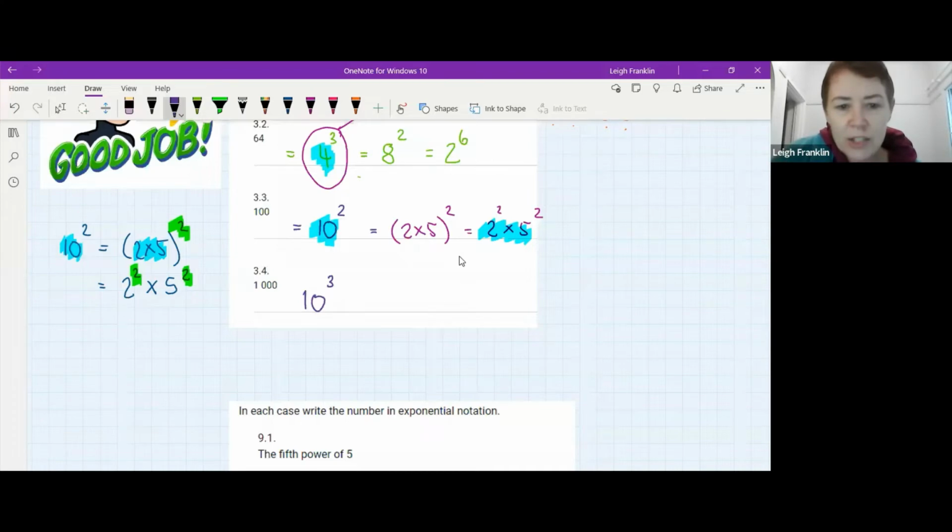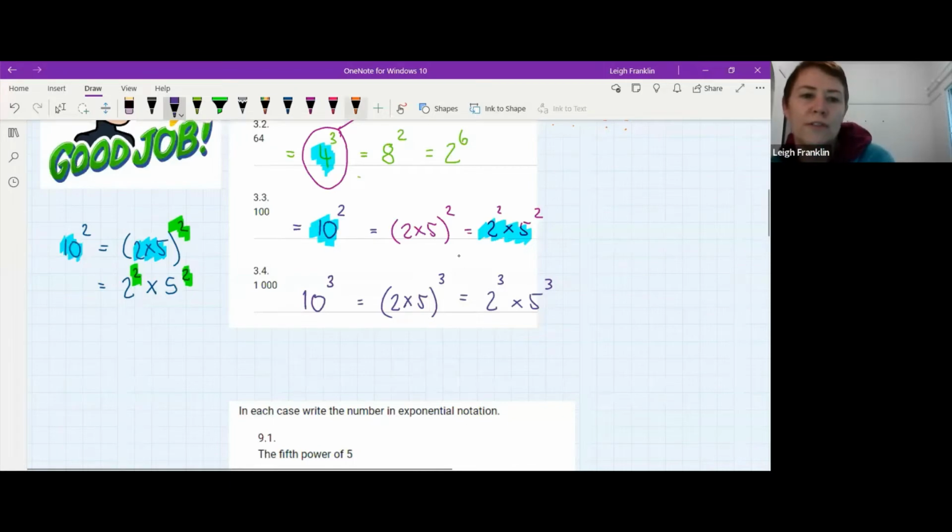And you know, I could do exactly the same thing with this question that I did with 3.3. I can rewrite 10 as 2 times 5, and I can raise that to the power of 3. And look here, grade 7s, that also means 2 to the power of 3 times 5 to the power of 3. How do I know that this actually makes sense and it works out?